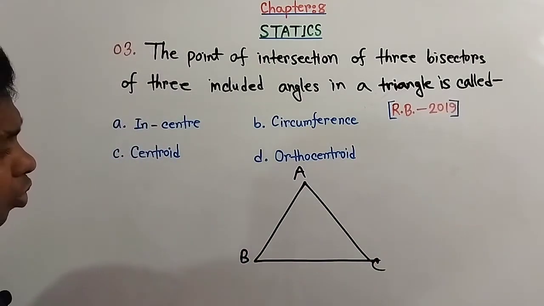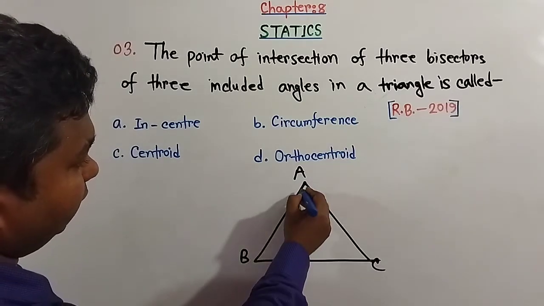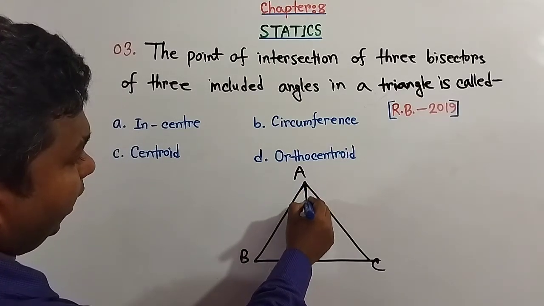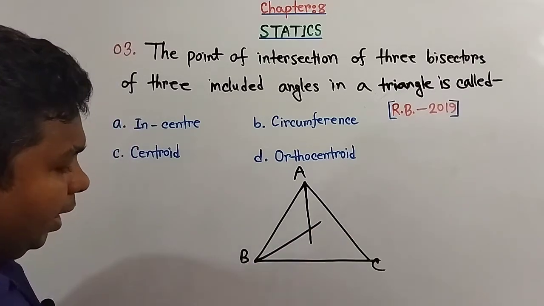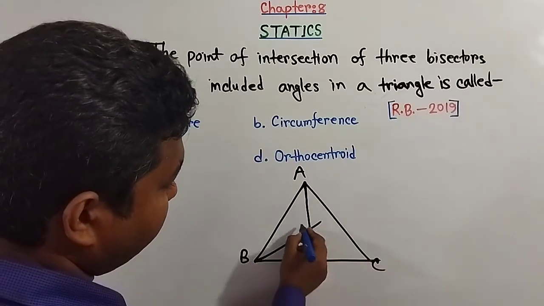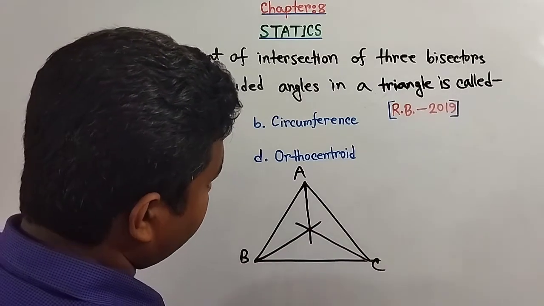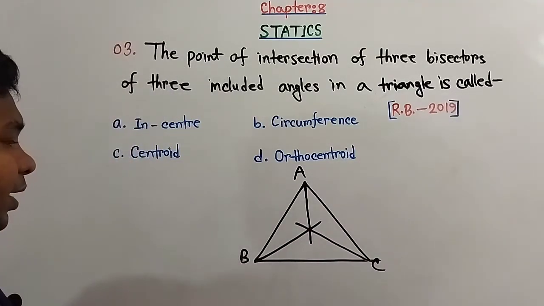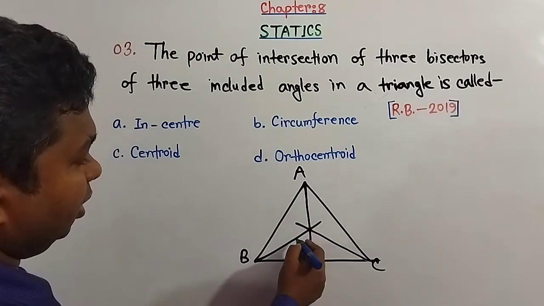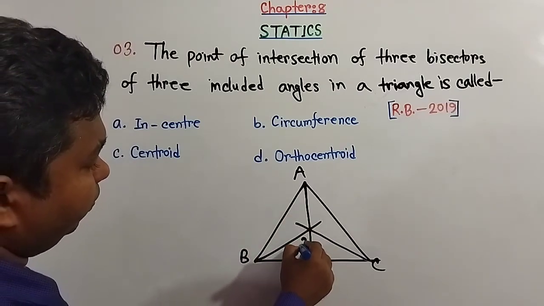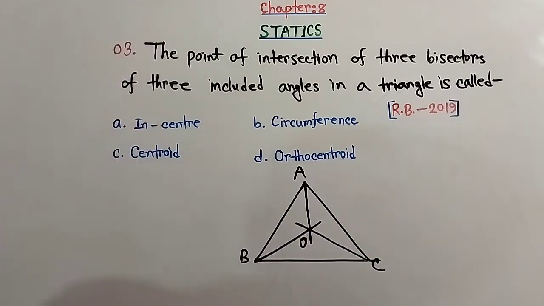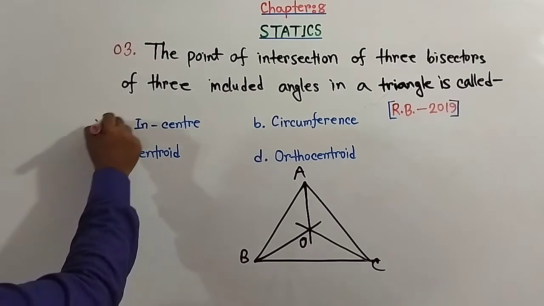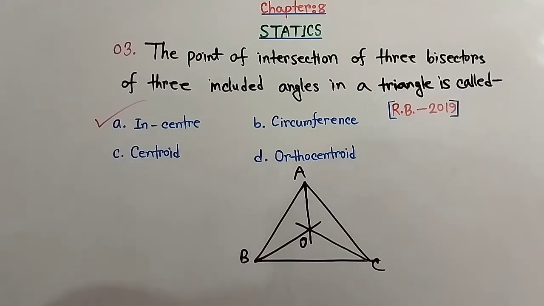Let the bisector of angle A be this one, the bisector of angle B this one, and the bisector of angle C this one. Here all the bisectors intersect at a point. Let the point be O. We know this point is called the incenter of the triangle. So our answer is option A, that is incenter.